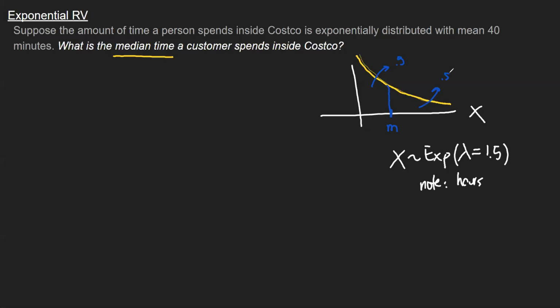Now, for me, the easiest way to do this is to work with the area to the left, because we already have a formula for area to the left. Remember, that was our capital F, which is this probability here, the area to the left. Now, we know for exponentials, it has this equation.